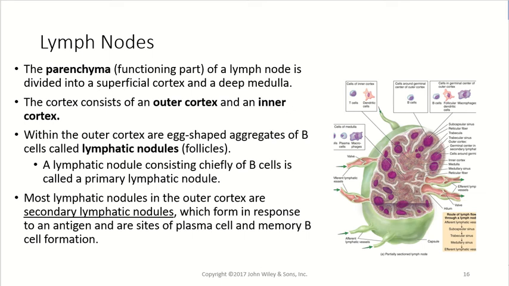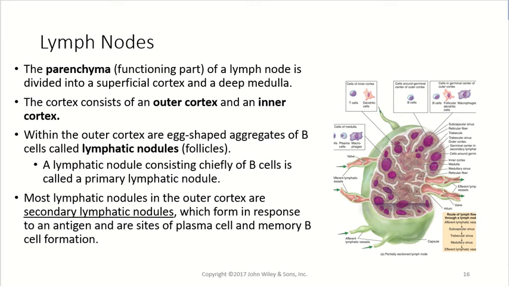Next is the parenchyma, and this is going to be the functional part of the lymph node. This is divided into the superficial cortex and the deep medulla. The cortex is going to consist of an outer cortex and an inner cortex, and within that outer cortex are going to be egg-shaped aggregates of B cells, and these are called lymphatic nodules or lymphatic follicles.